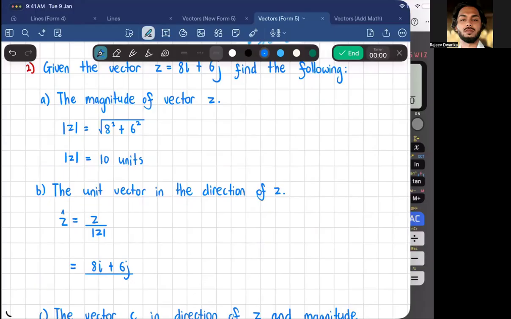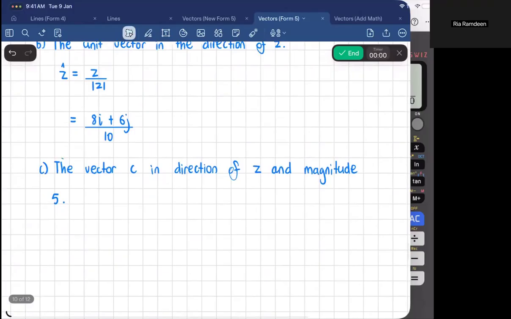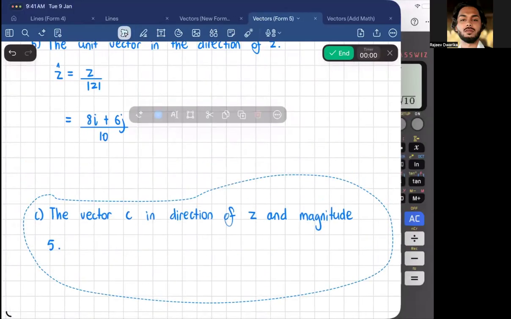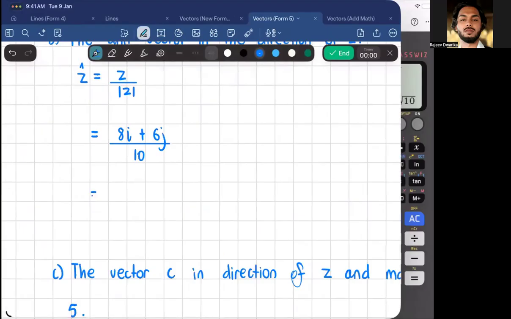What is the magnitude of z? 10. Right? 10. So now we're going to split this up into its separate fractions. So I'm going to write 8 over 10 i plus 6 over 10 j. Right.